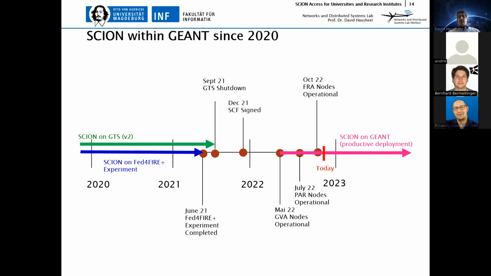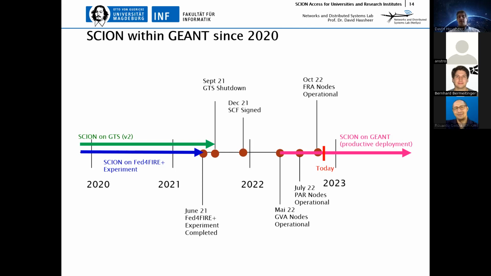And we sat together with the GÉANT folks, and we had an SEF signed with Switch here in the leading position as NREN, that then became effective in early 2022. We purchased then servers that were deployed starting in May this year.